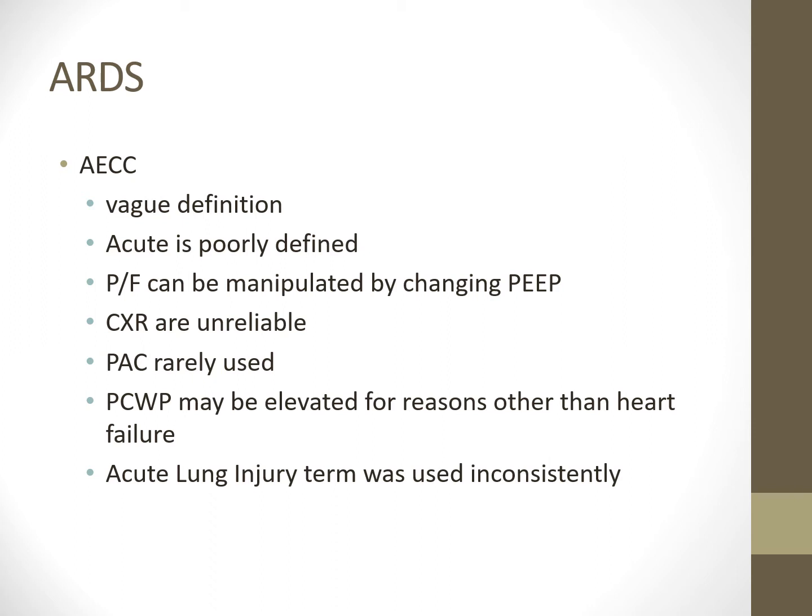The pulmonary artery catheter was rarely used because the wedge pressure could be elevated for reasons other than heart failure, and it's an invasive catheter. We really don't see them used as much, but they're definitely out there. And then the term acute lung injury was used inconsistently.